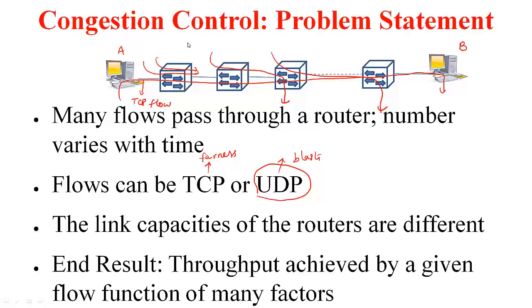Also, the link bandwidths that interconnect the routers could be different. For example, this could be a 100 Mbps link, this could be a 10 Mbps link, this could be a 100 kbps link, so on and so forth. So the end result of all this is the throughput that a flow achieves is governed by all these factors and it is going to vary over time.